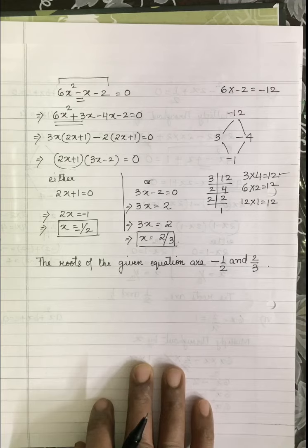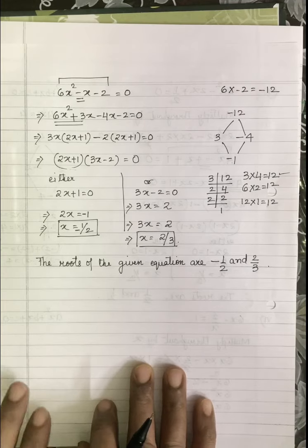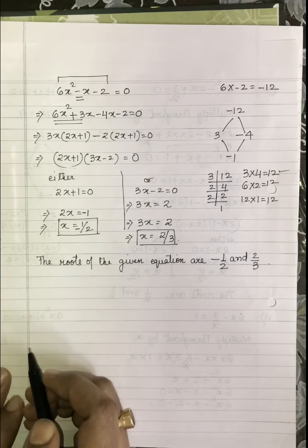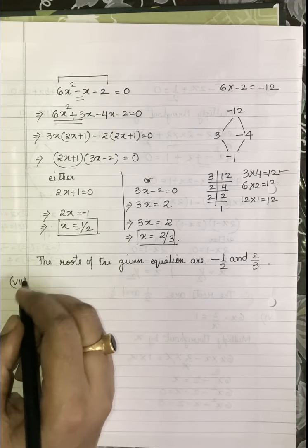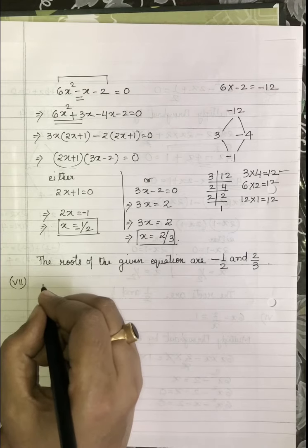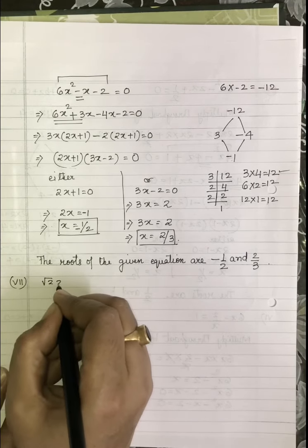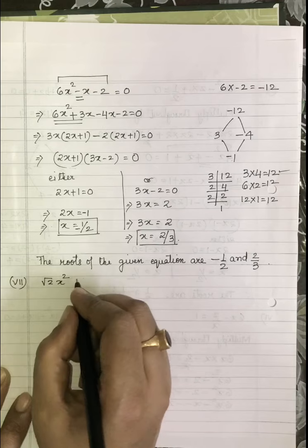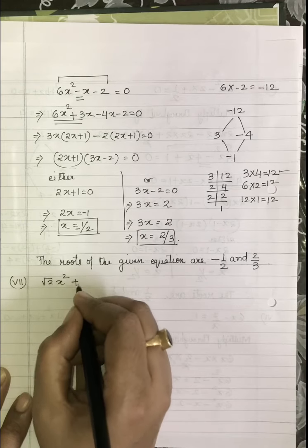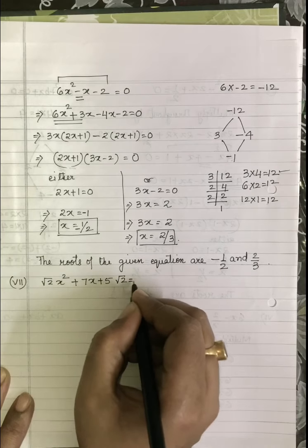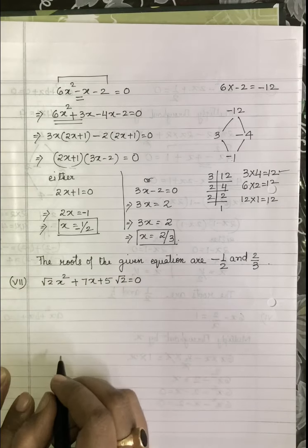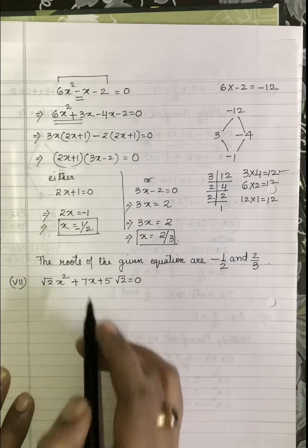Let us see one more kind of question. I am doing the 7th one, children. What is given is root 2x square plus 7x plus 5 root 2 is equal to 0, because it is already in the general form.